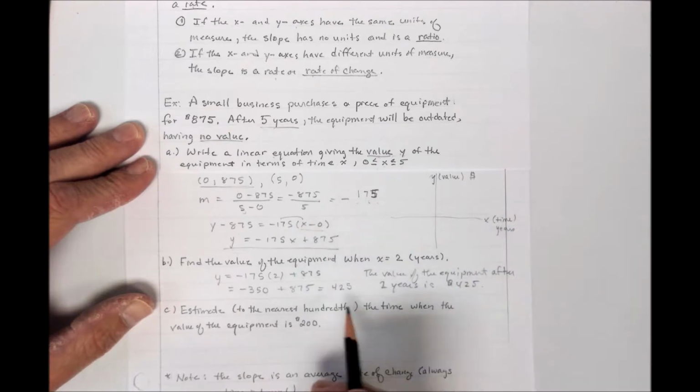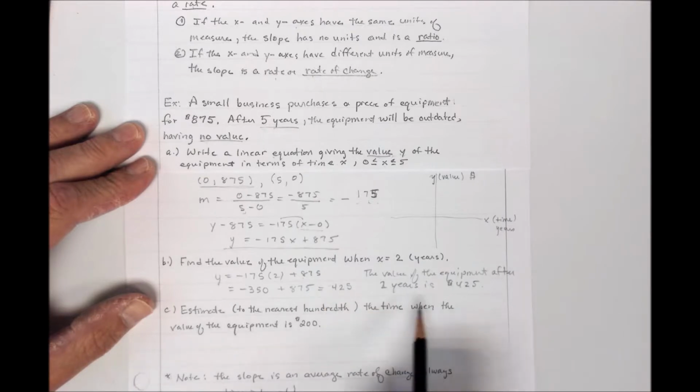Okay, don't just circle a 425 because it's asking for the value, and the value is given in terms of money. Even if you just slap the dollar sign on that, you're not really truly answering the question in a formal way. So that's why we typically write it out in a short sentence. You don't need a paragraph, it's just a short sentence.